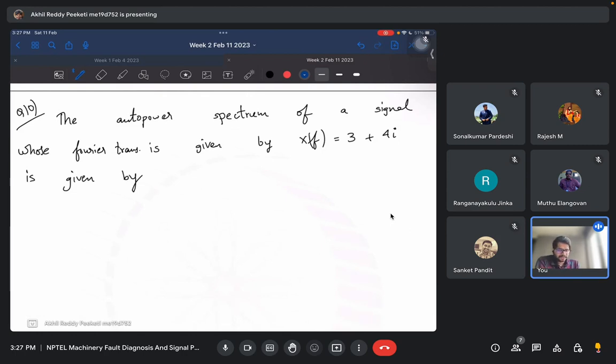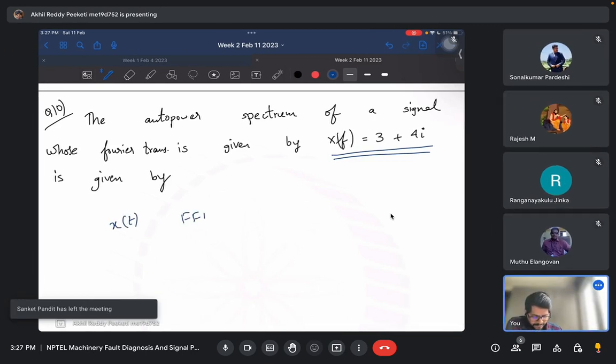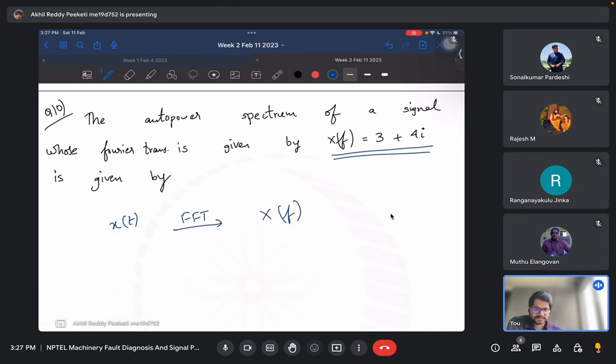When you do this FFT, you get some real component and some imaginary component. So here you have a time domain signal, you did the FFT, and then you get a frequency function. For this case, this frequency looked like 3 plus 4i.